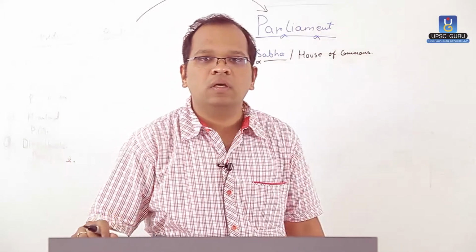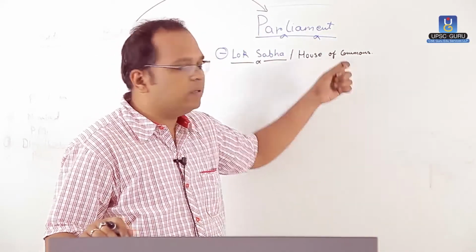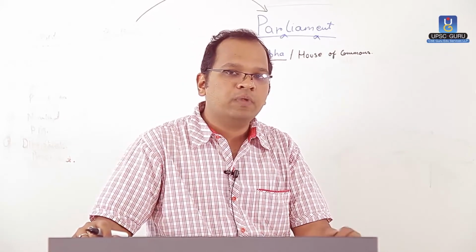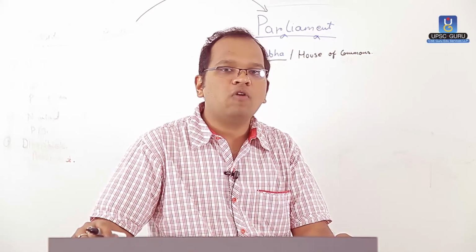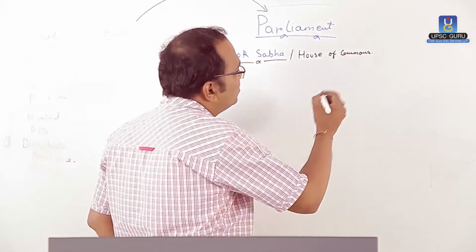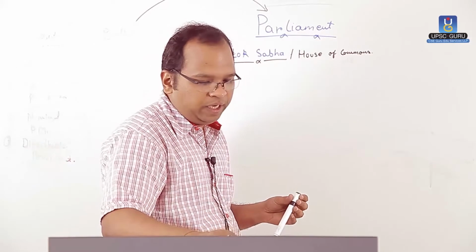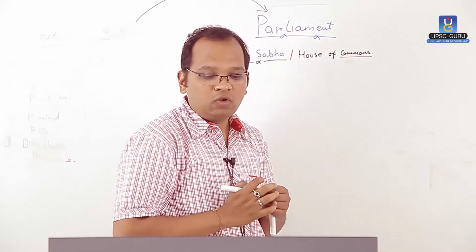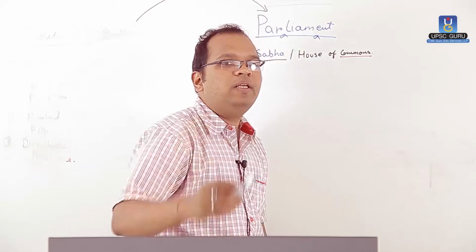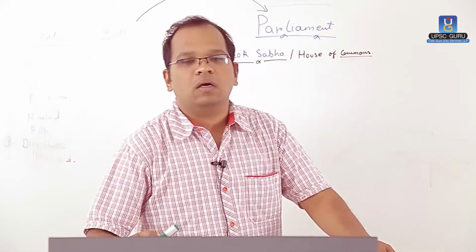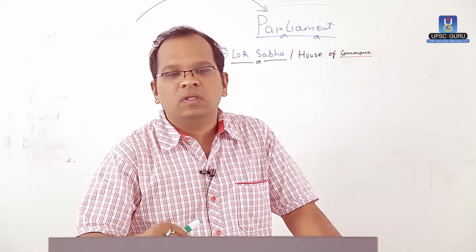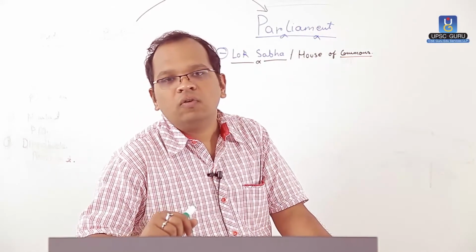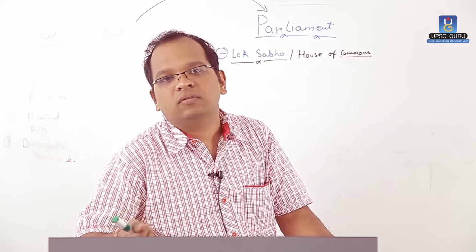This House of Commons word was given to us by British government. What is the meaning of Commons? This Commons means common citizens. This Lok Sabha is representation of common citizens.